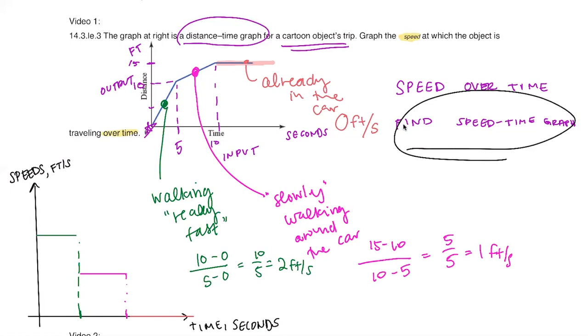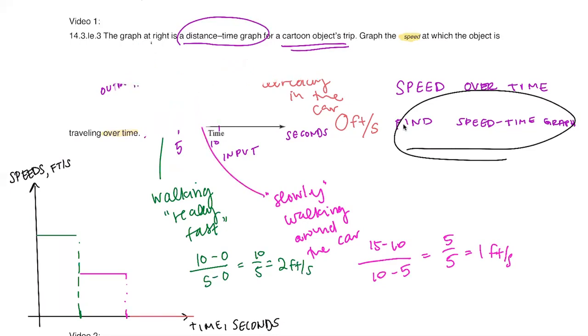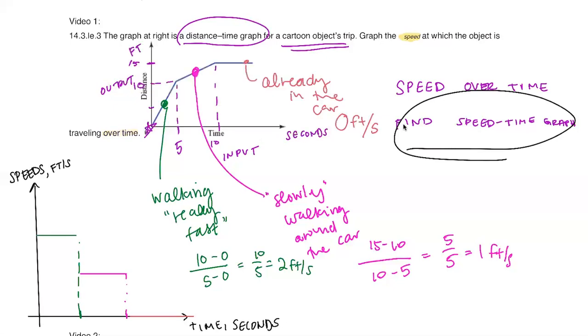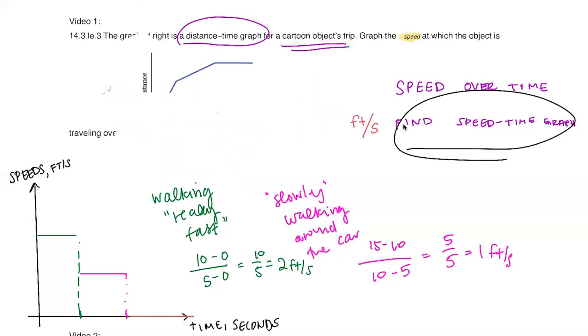So that's how we go from our distance time graph in blue. Let me erase what we have here so we can see a little bit better. So we started off with this blue graph here. And the chunks line up: we had the green chunk where we made up that we were walking fast from our house to our car, let's say.